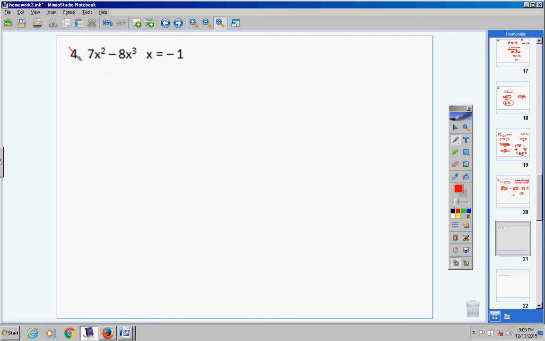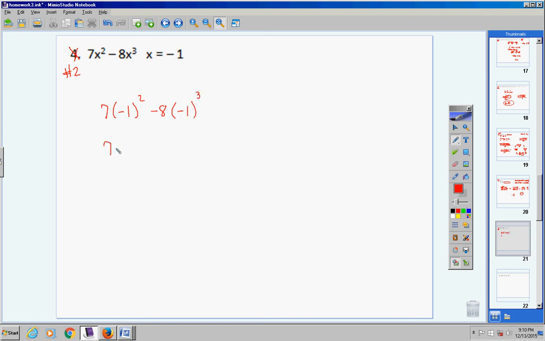Alright, problem number 2. Same thing, we're going to substitute and then evaluate. x equals negative 1. So I have 7, then parentheses for x, then negative 1, and then negative 8, then parentheses for x, negative 1, and then cubed. Now you do your powers first.